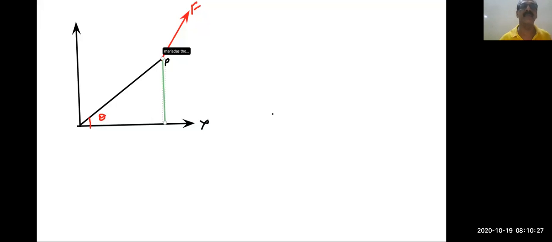Agreed? Yes, sir. It has a Y component that we can mark here. This is the Y component, isn't it? Yes, sir. Square root of X squared plus Y squared will give you R. This is the position vector R. If you want the magnitude of this, you take the square root of X squared plus Y squared.